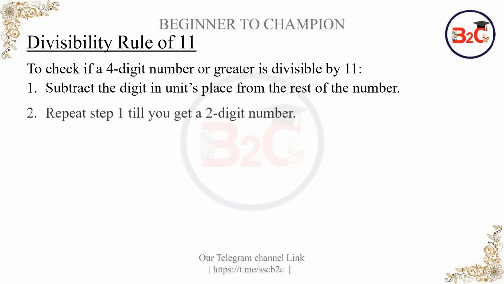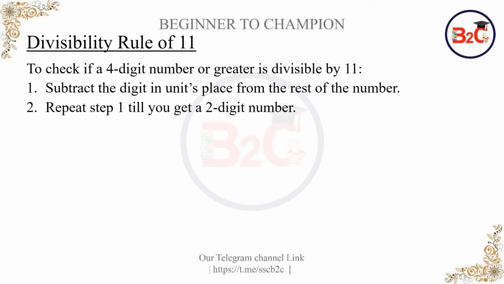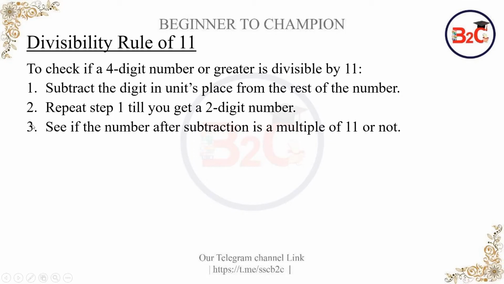Now the second step is to keep repeating step 1 till we arrive at a 2-digit number. Once we arrive at a 2-digit number, we have to check whether that 2-digit number is a multiple of 11 or not. Alright? So we'll check with an example.